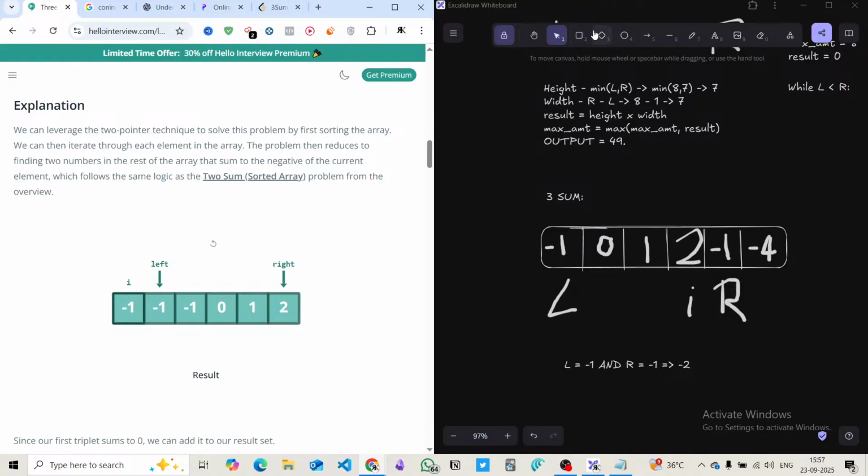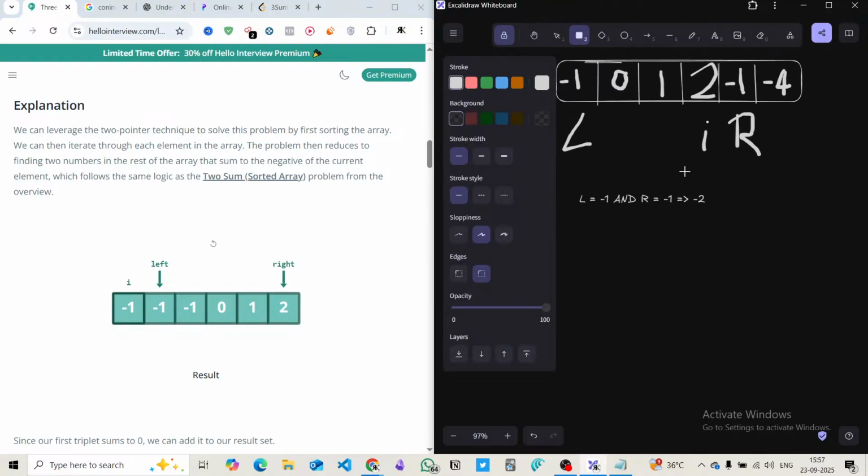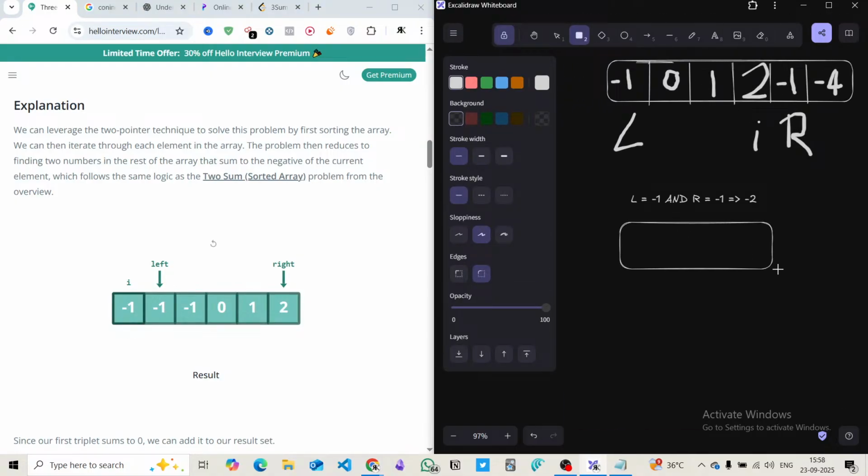We need to sort this out, right? So let's try to sort this and then try.